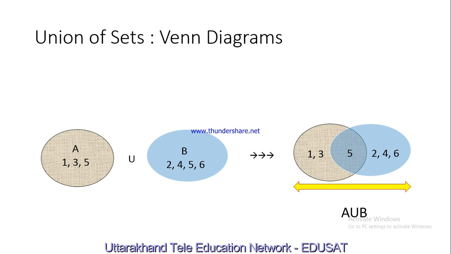So the two circles are overlapping, and the portion which is getting overlapped basically has one element which is 5. Is this okay? Now this particular portion where the bluish and the greyish circle are overlapping and has the element 5 is called the intersection.